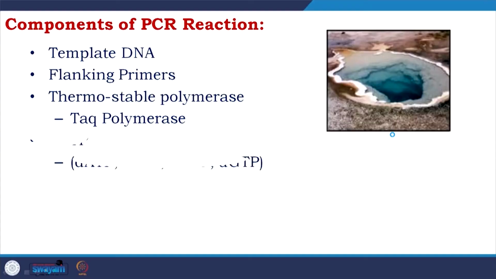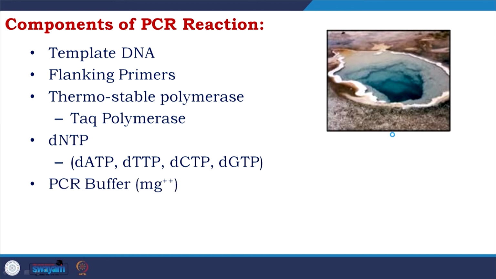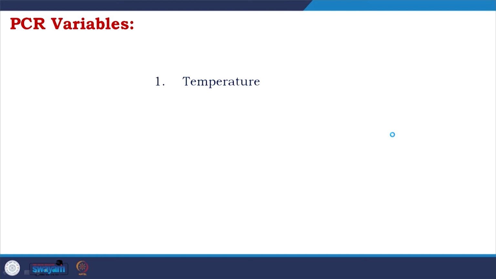The finding of Taq polymerase actually revolutionized the field of biology by enabling the instrumentation, which is PCR. So, you need dNTPs there: adenosine, thymine, cytosine and guanine. You need proper PCR buffer with magnesium, and ultimately you need the instrument, which is called a thermocycler.